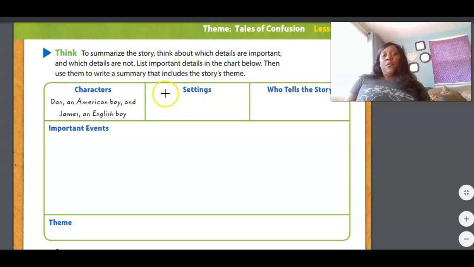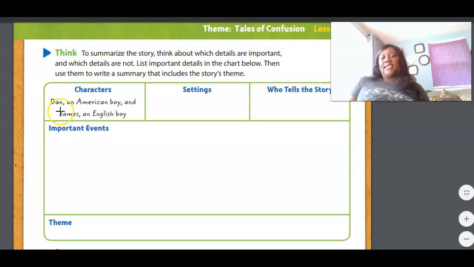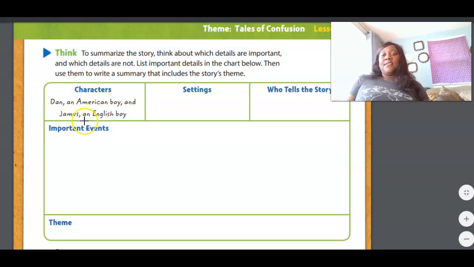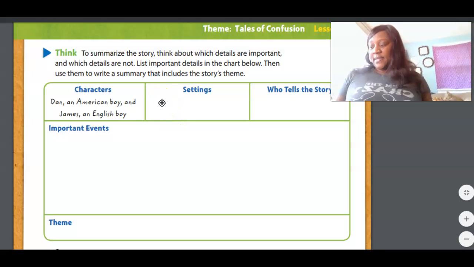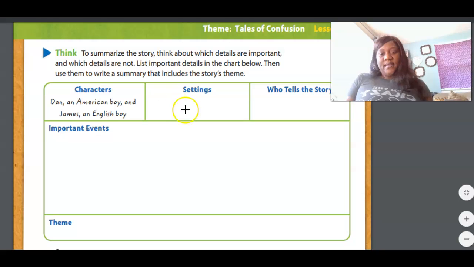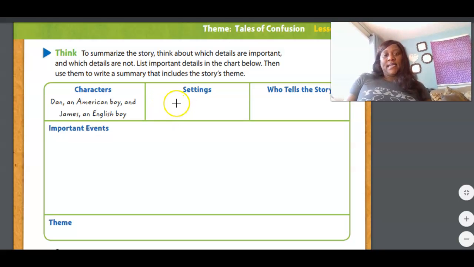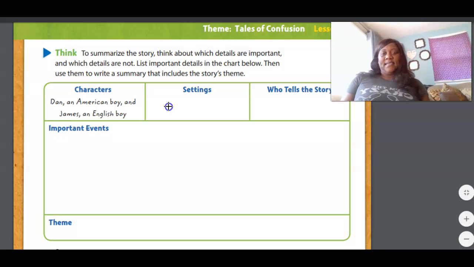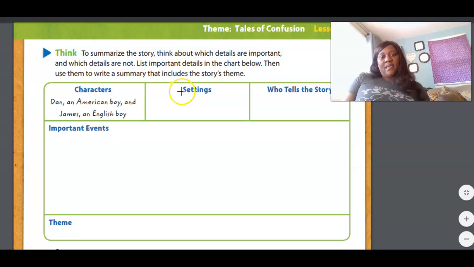So first of all, they want to know who are the characters. And we have a character named Dan. It's an American boy. And then we have James, an English boy. They're asking about the setting. Where do you think this story took place? I think it took place in Dan's house.